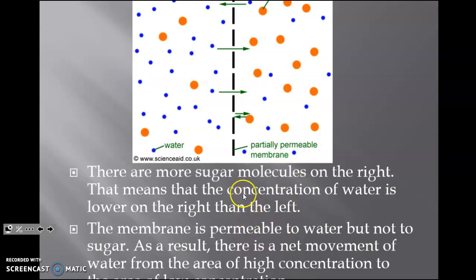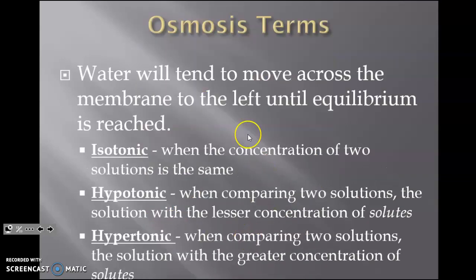So it's permeable to water, but it's not permeable to the sugar. So the water's flowing from the left to the right to create that equilibrium. All right. So osmosis terms. Water will tend to move across the membrane until equilibrium is reached.